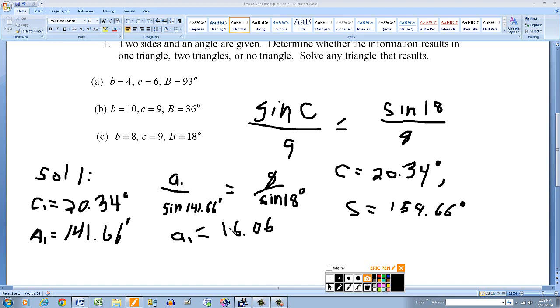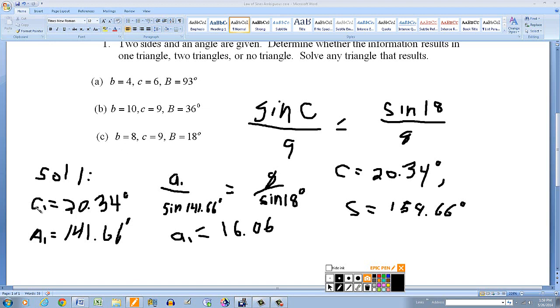There you have it. So for the first triangle, you're still using the given information. Side B is 8, side C is 9, and angle B is 18 degrees. And then the rest of the information is here.